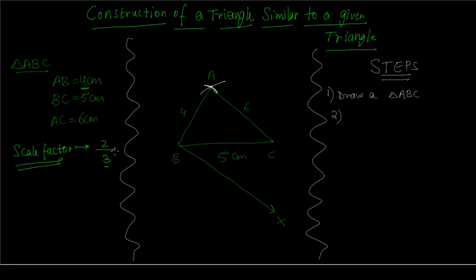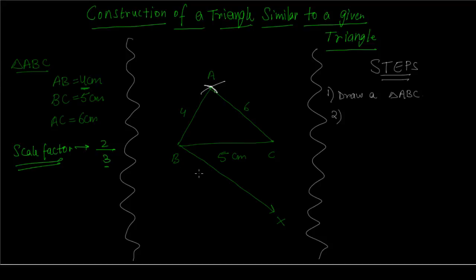Take that number and cut that many arcs on BX, or on that ray you have taken. So I'm going to take 3 arcs on BX, such that the distance between any 2 points formed on this ray will be equal, like we did in the division of a line segment.